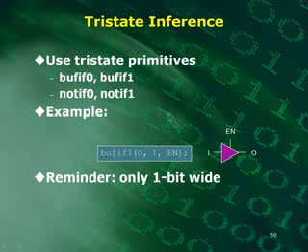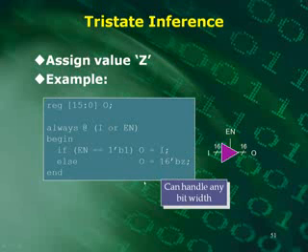Tri-state inference. You can use the tri-state primitives, such as the bufif0 and the bufif1, the notif0 and the notif1. Okay, you can instantiate those, but the thing about these is they're only 1 bit wide. So if you've got something like a bus, you're going to need multiple bits. Okay, so you need a way to handle multiple bit widths.